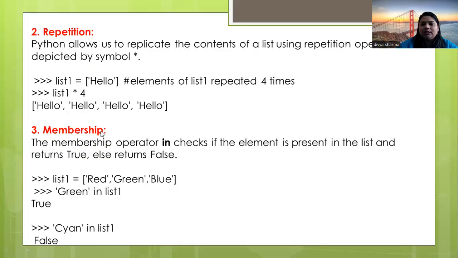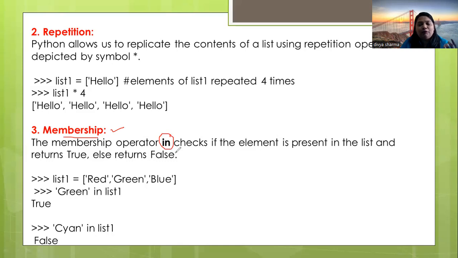Now move to the next operator, that is the membership operator. Membership basically defines which element is present within the list or which is not present in the list. So the membership operator in Python is represented by in.